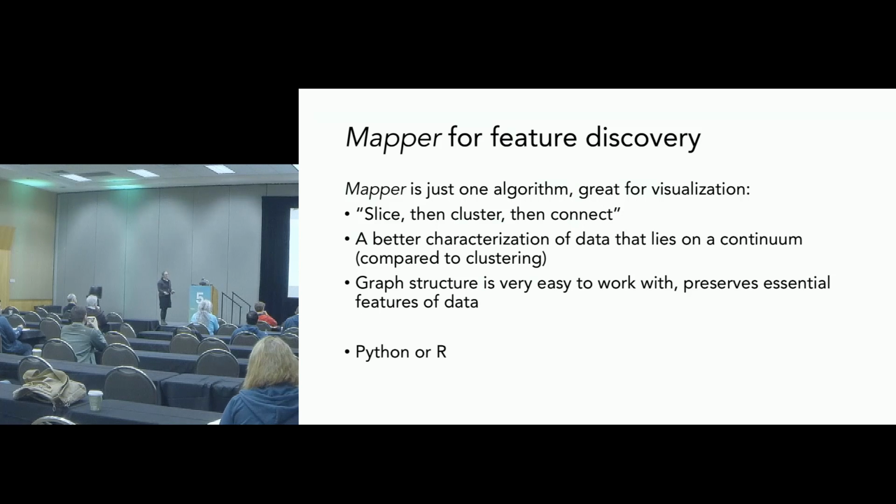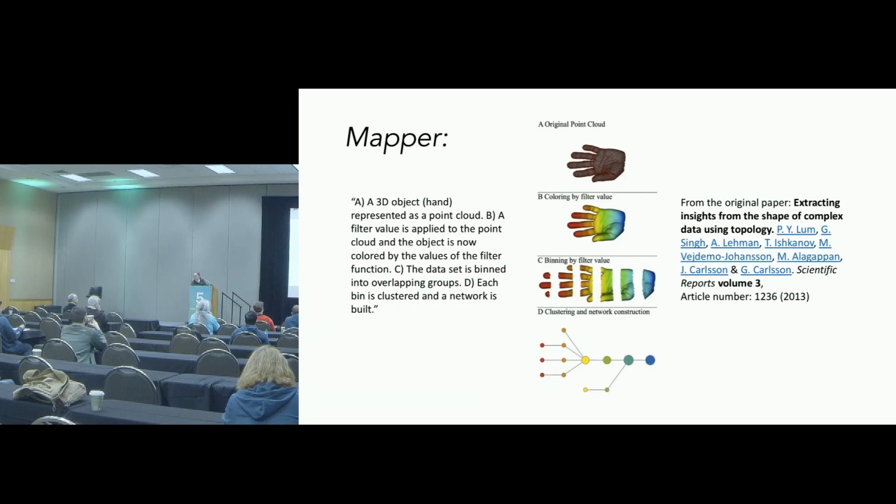You don't know what's there. You want to do some basic unsupervised exploration and see what the data tells you. So the Mapper algorithm basically says, decide on your metrics, slice up your data, cluster on each slice, and then connect the clusters according to whether they're overlapping. You slice into overlapping pieces, then cluster using k-means, DBSCAN, whatever you want to use.